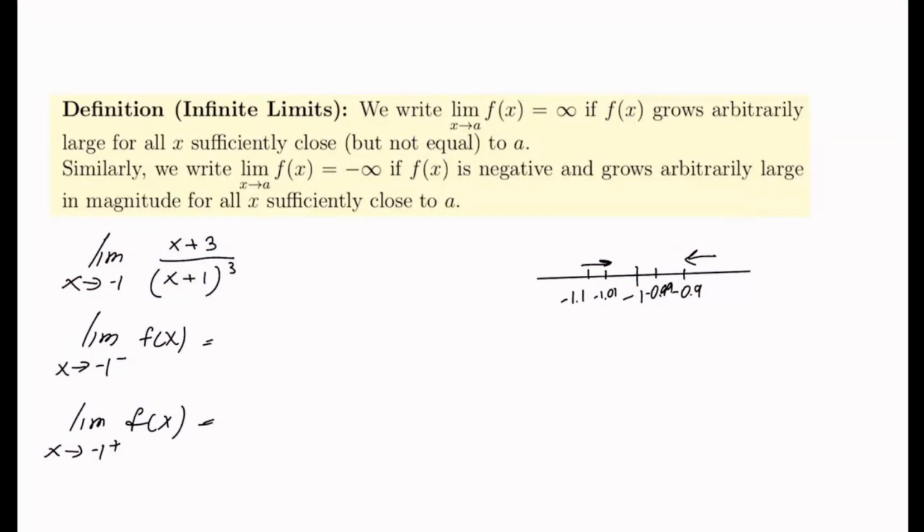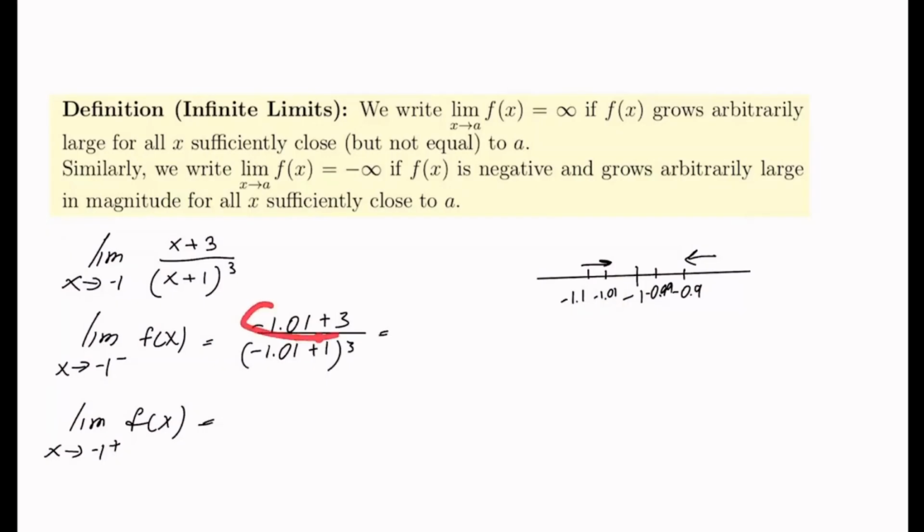So from the left side, we're picking a value that is close to -1. We would have (-1.01 + 3)/(-1.01 + 1)^3.